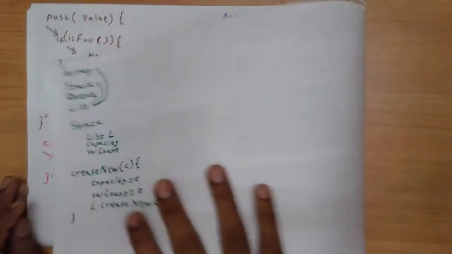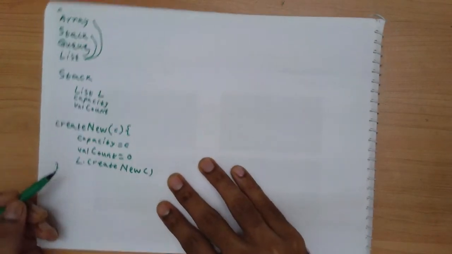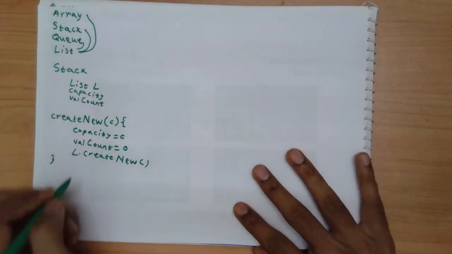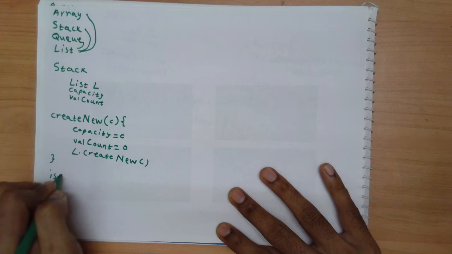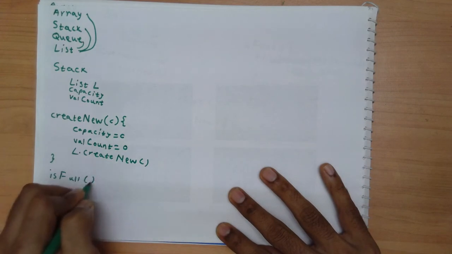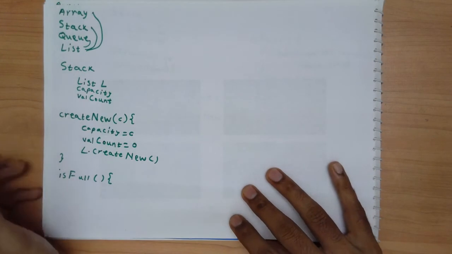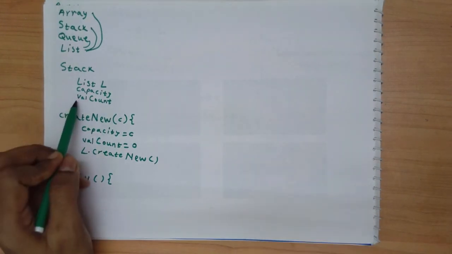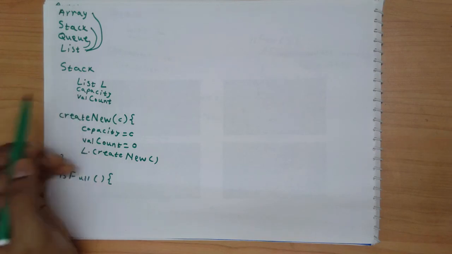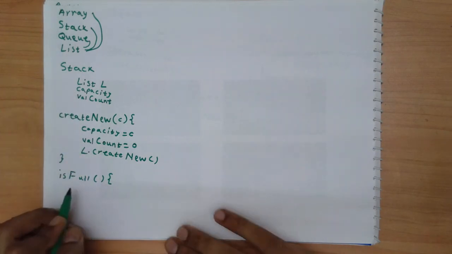Okay. So we will need something similar. So for that we need to implement now is full operation. So I'm going to have is full operation of my stack. And now how will I know if my stack is full? Well, if the number of values that I'm storing is equal to the capacity. So that's how is full will work.